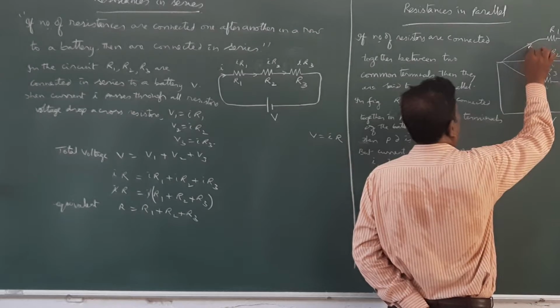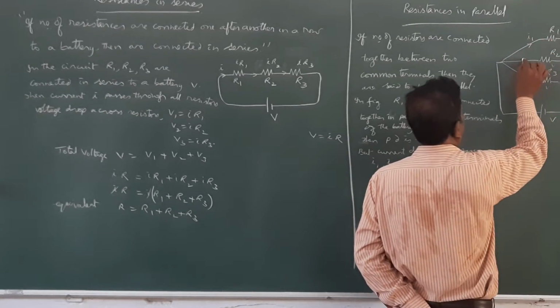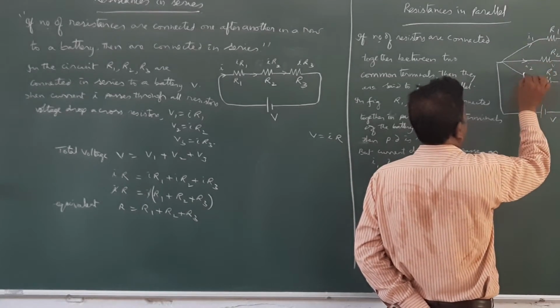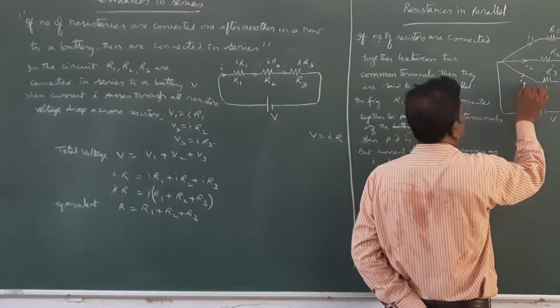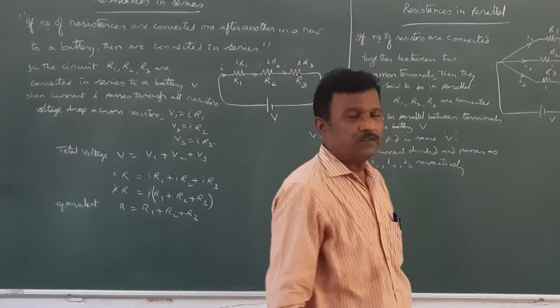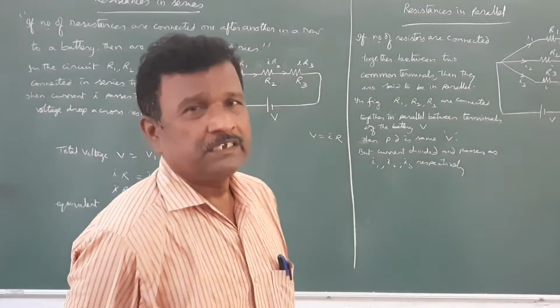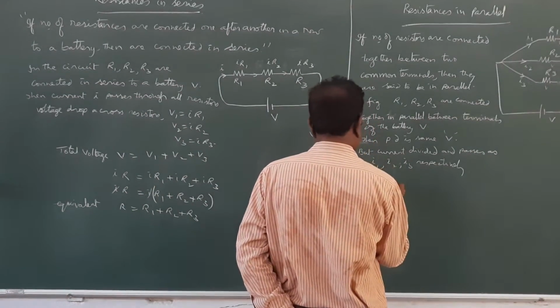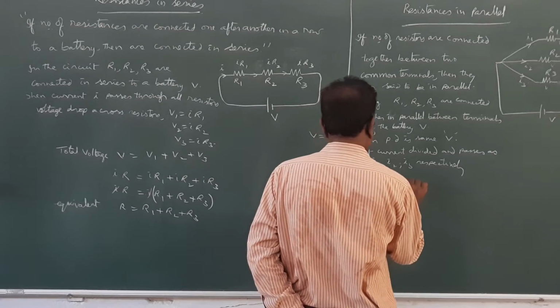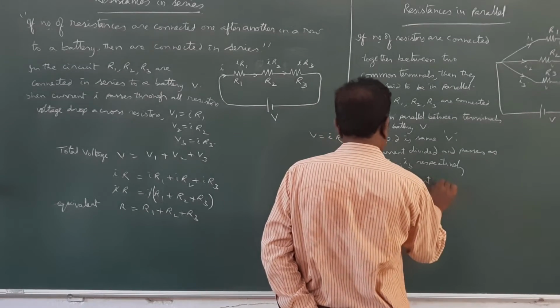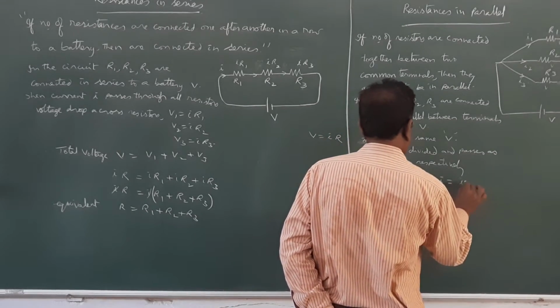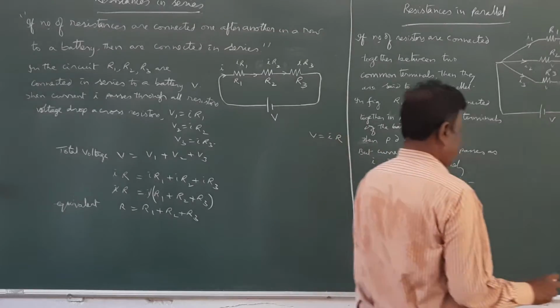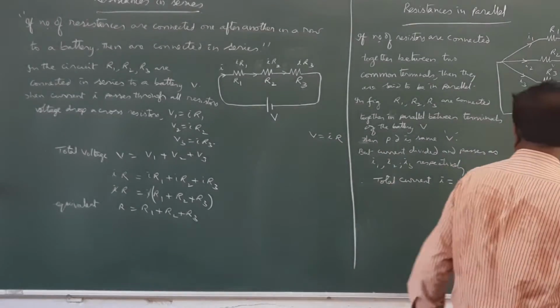So current through this resistance is I1, through this resistance is I2, and through this resistance is I3. But potential difference is same. Therefore, total current I is equal to I1 plus I2 plus I3.